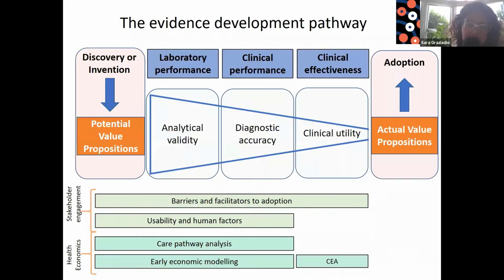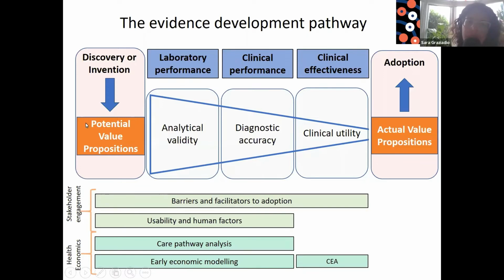This is the main picture that we've got in the paper, and that we'll be using during this series for describing the evidence development pathway. You can see it's quite complex, but I will go through each of these aspects in the next slides. Now I just want to focus on a few main elements.